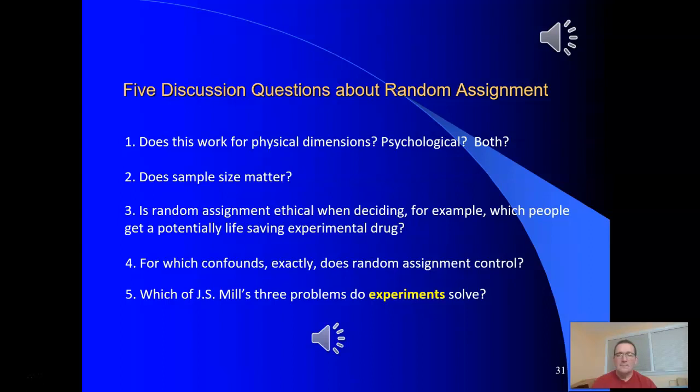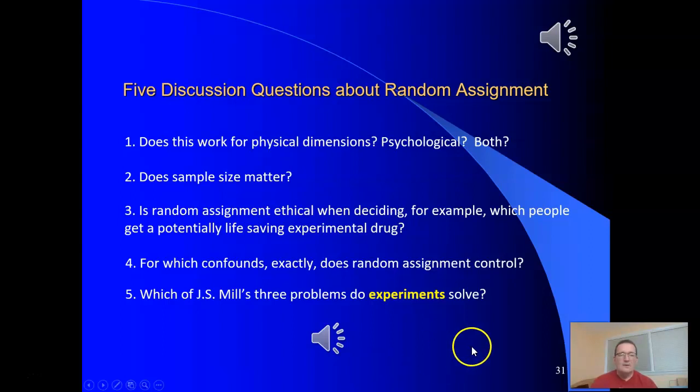And of course, because of the power of random assignment, you know that the 2 groups were equal prior to the treatment, especially if your sample was a big one, and you know that they were different afterwards after having only been either the recipient of the treatment or the recipient of something like a placebo, a control condition where something very different happens. So yes, experiments are the only research technique that beautifully solve all 3 of John Stuart Mill's big problems.